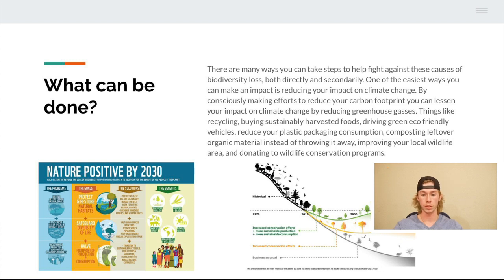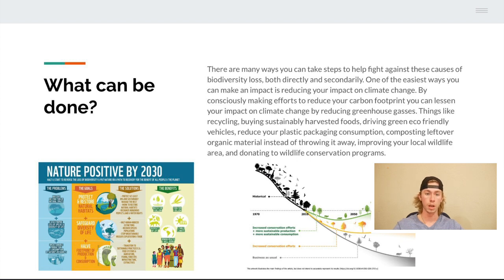You can do things like recycling products, buying sustainably harvested foods, especially marine life like tuna and salmon, driving eco-friendly green vehicles like electric vehicles that don't emit greenhouse gases, reducing your plastic packaging consumption, and composting leftover organic material. Instead of throwing it away in a landfill where it just gets buried and unused, you can use it in order to grow your own food.